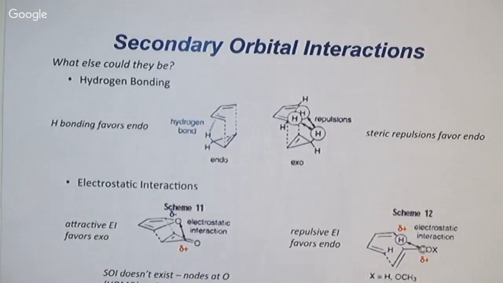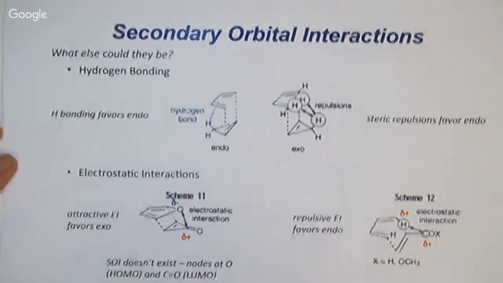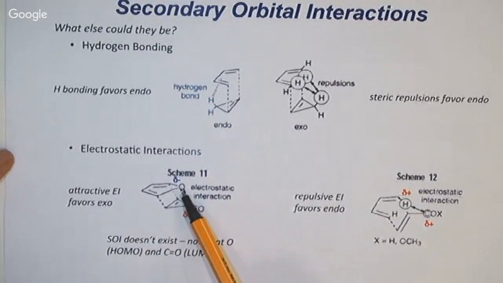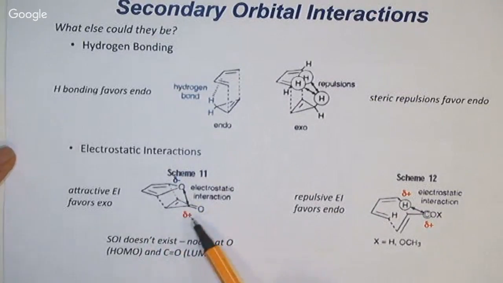The other idea is based on electrostatic interactions. In this particular case, we can use furan, having an oxygen here, as our diene, and we use a cyclic ketone as our dienophile.